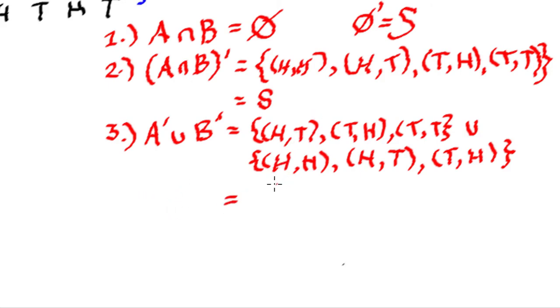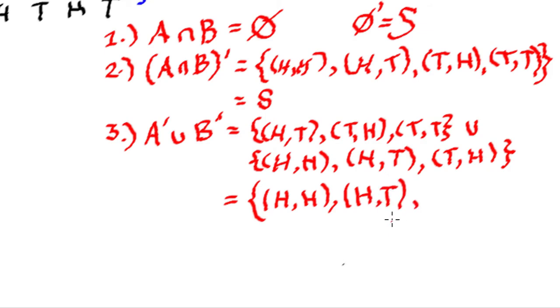Okay, so we have first the HH. Then we only need to write the HT once because we have an HT here. We also have an HT here. We need to only write that once. So we have HT over here. And we also need to write TH once, TH here. So therefore TH.